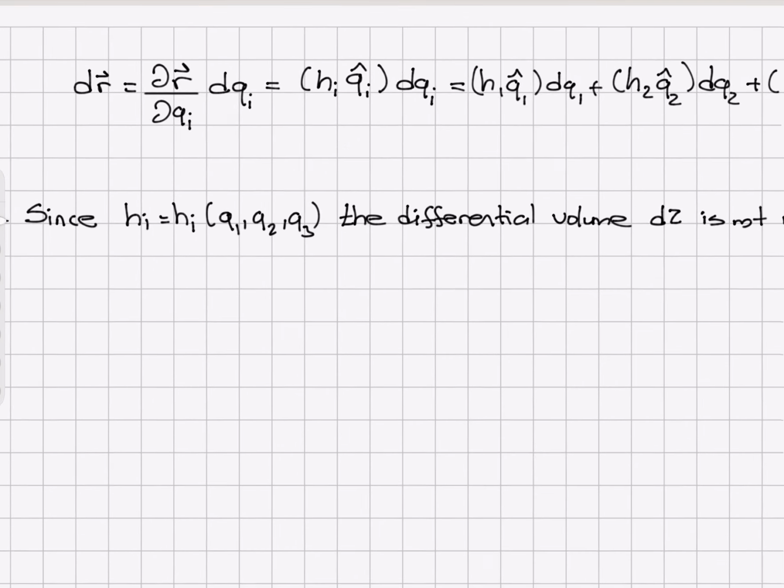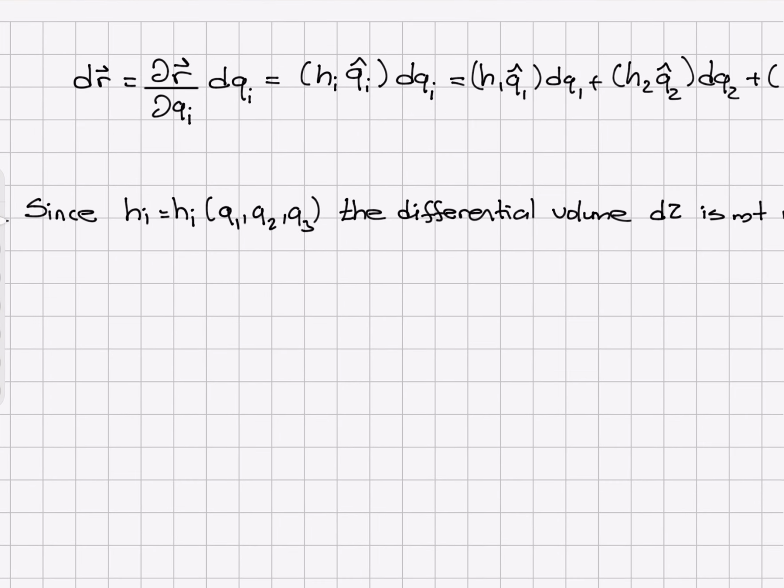So again, we have the summation implied over this index i here. So we have del r del q1 dq1, etc. So for each of them we substitute these values.